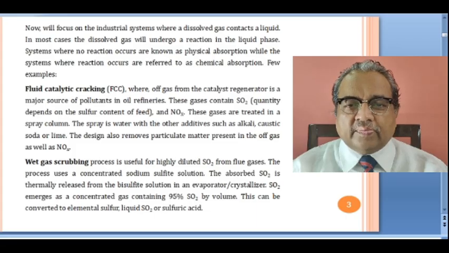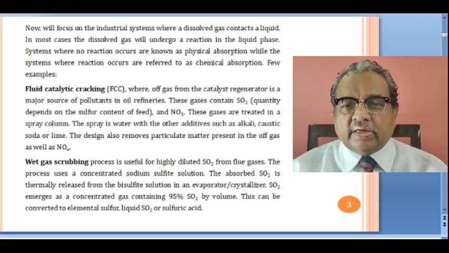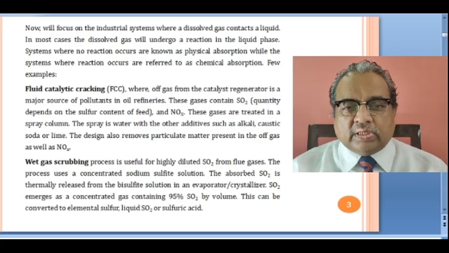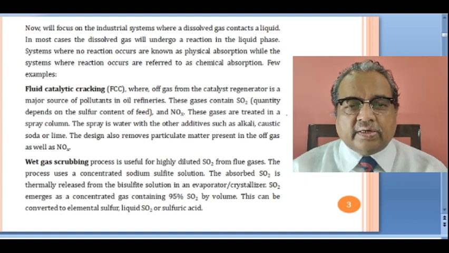Fluid catalytic cracking. Here the off gas from the catalyst regenerator is a major source of pollutants in oil refineries. These gases contain sulfur dioxide, which depends on the quantity of the sulfur content of the feed, and oxides of nitrogen. These gases are treated in a spray column.